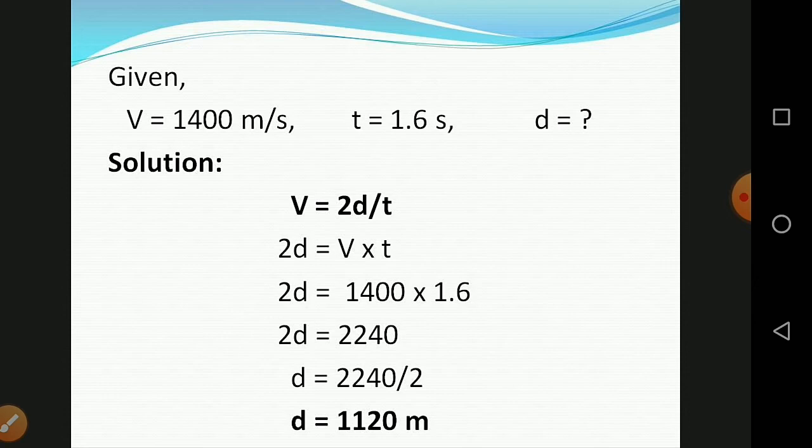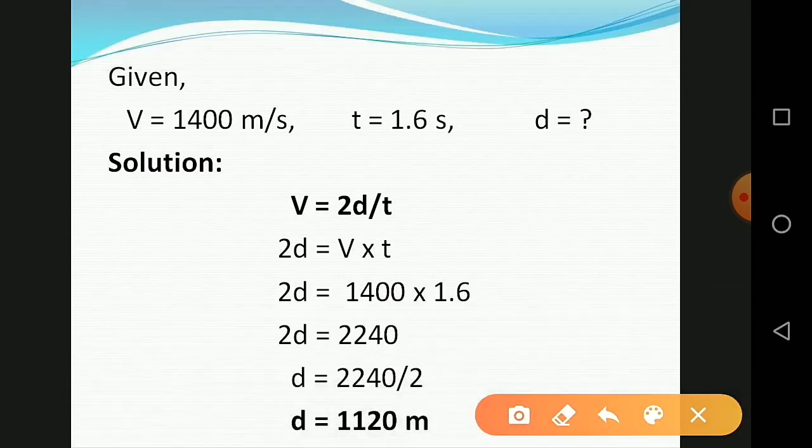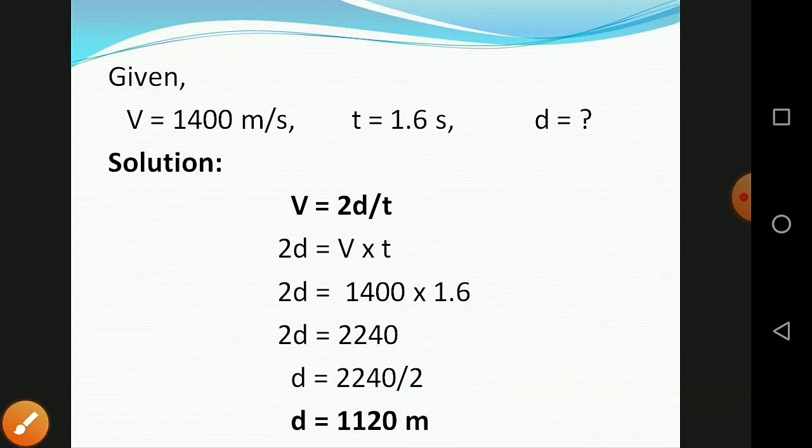So D is equal to 2240 divided by 2. If we cancel these values, the value is 1120, so D is equal to 1120 meters.